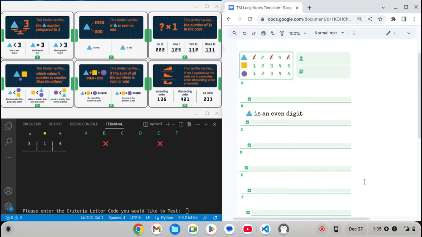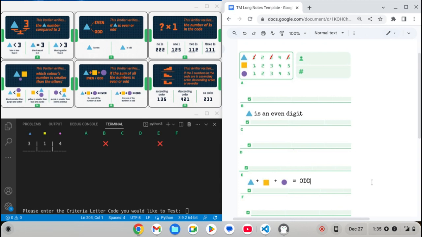And we'll state that triangle plus square plus circle should be odd. And what can we tell from that?